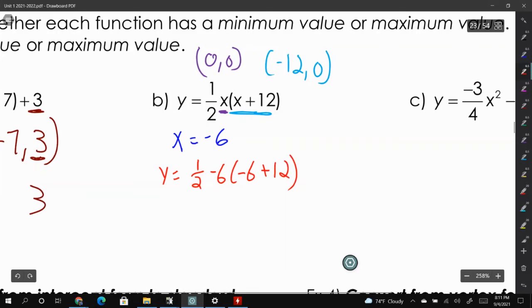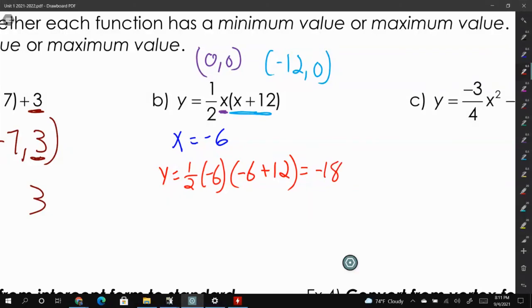I should put this in parentheses so we know it's multiplied. This will give us the y coordinate of the vertex, and that will be our minimum or maximum value. So we're going to get -18. That means our min or max, in this case, is a minimum because our a value is positive, of -18.